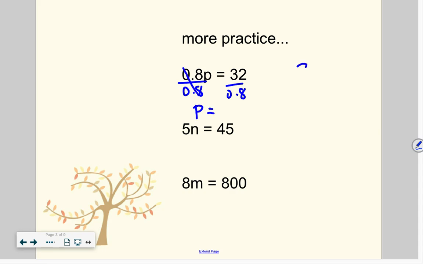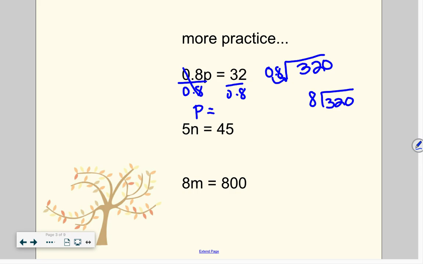We have 32 divided by 8 tenths. How am I going to get rid of the decimal in my divisor? Multiply by 10. Remember, you have to do the same thing to the inside. Multiply by 10. So you have 8 going into 320.